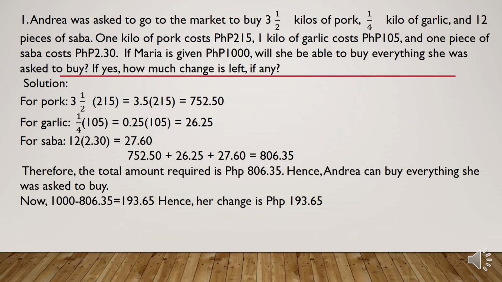So for pork, we have 3.5 kilos times 215 since each kilo costs 215. So 3.5 times 215 is equal to 752.50.